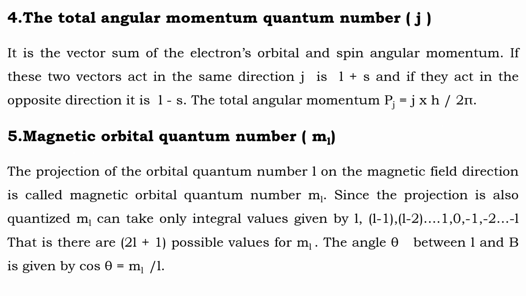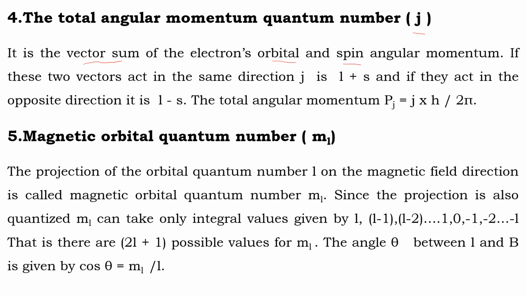Next is the total angular momentum quantum number, represented by the letter J. This can be represented as the vector sum of the electron's orbital and spin angular momenta.